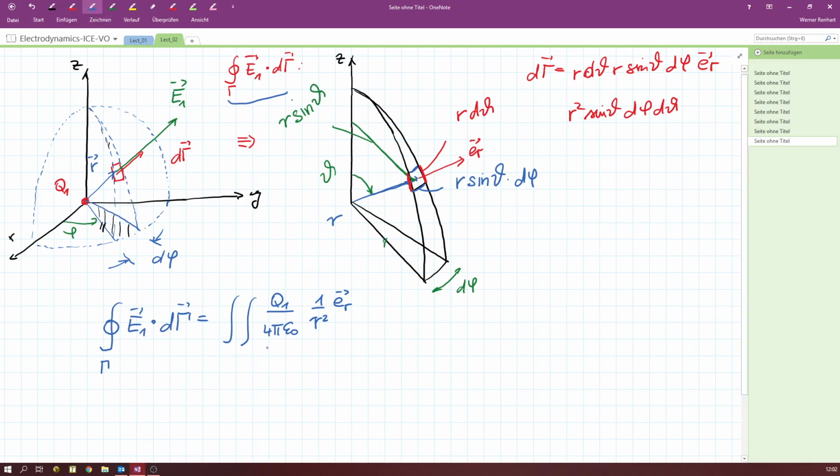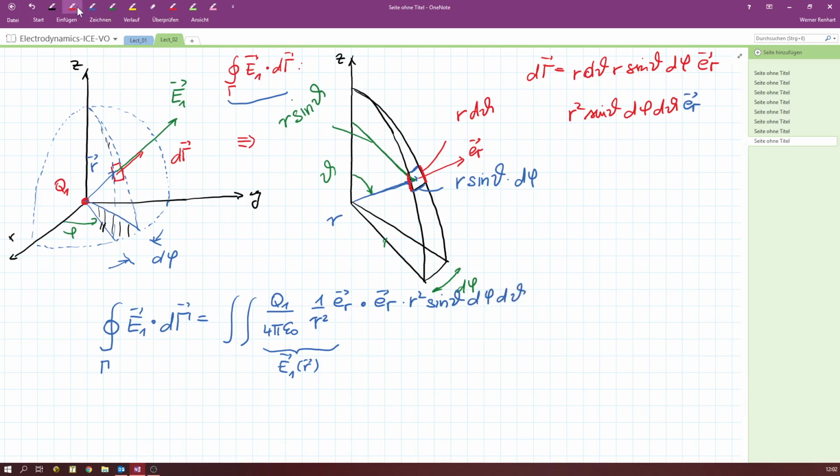This is E1 depending on the radius r dot delta gamma, and delta gamma equals, E_r is missing here, E_r times r squared sin theta d phi d theta.